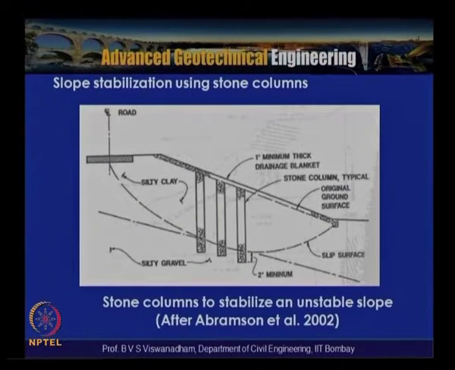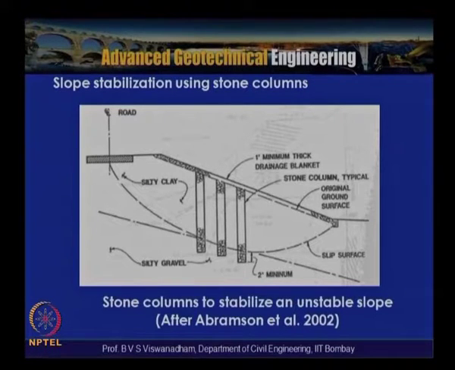Another technique which is used for stabilizing slopes, particularly clay slopes, soft clay slopes or silty clay slopes, is stone columns. Basically this stone column is a replacement technique, used for improving the ground and enhancing the load carrying capacity.